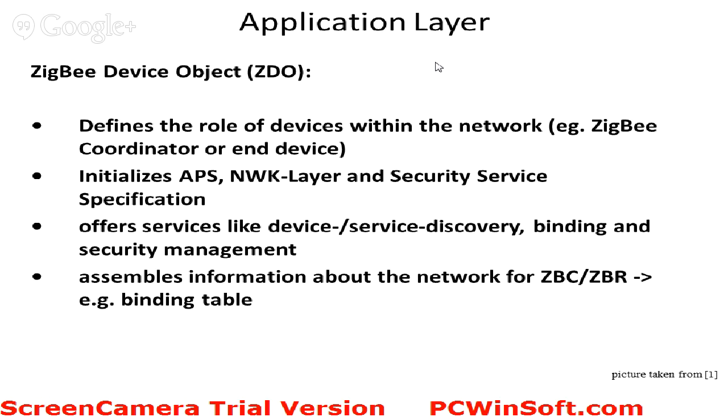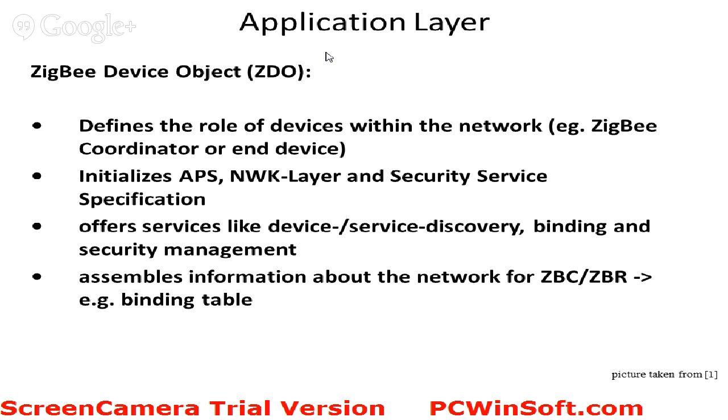Once that channel is selected, it assigns a PAN ID. It ensures that the PAN ID does not conflict with any other PAN which is available in that space. It assigns itself a short network address of 0000, and thereafter it assigns network addresses to the routers or its children. All those tasks are performed by the ZigBee device object also.